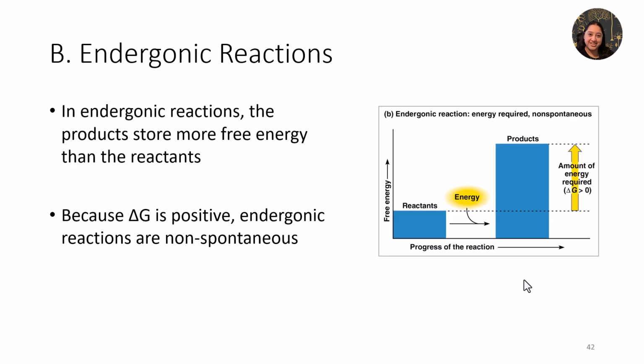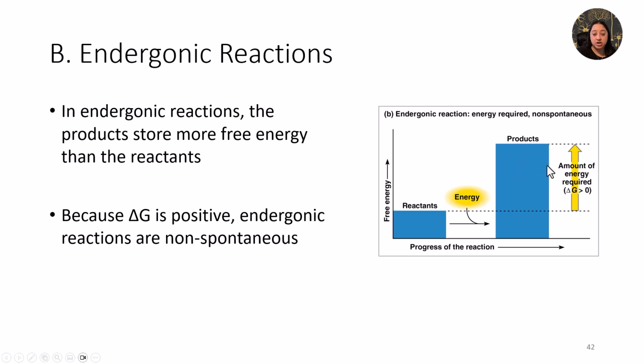Here is basically the opposite. Endergonic, so you have to put in energy. At first, the reactants have a low amount of free energy. You have to put in energy, and then that difference goes into the products.